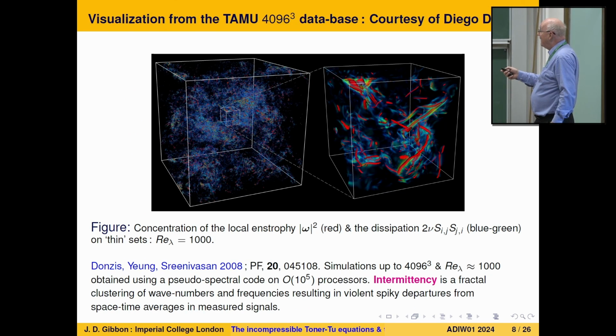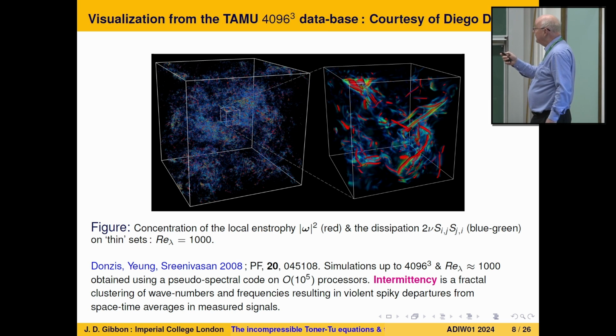Now, that calculation from 2012 that Diego gave me, essentially, is a Reynolds lambda 1,000, based on 100,000 processes. I suppose these days, it's a fairly typical sort of picture.